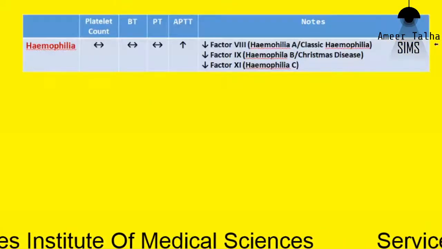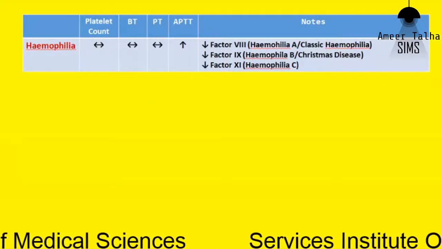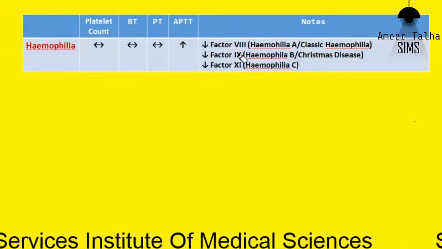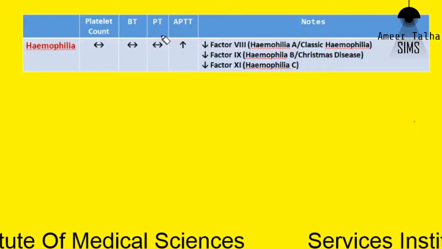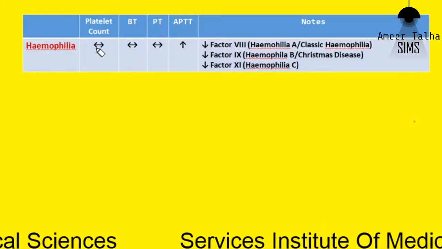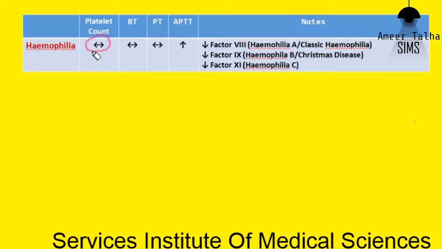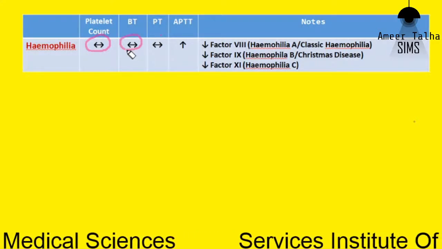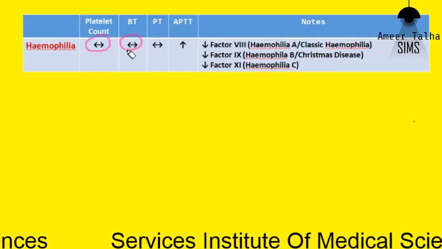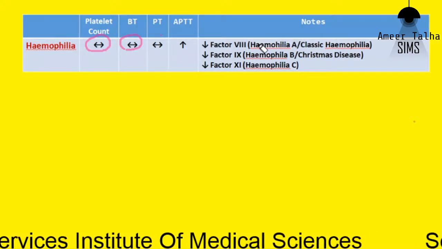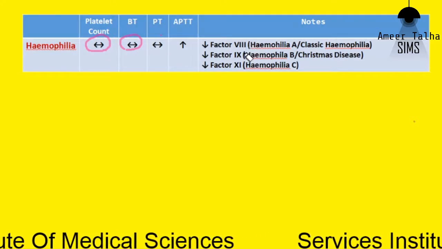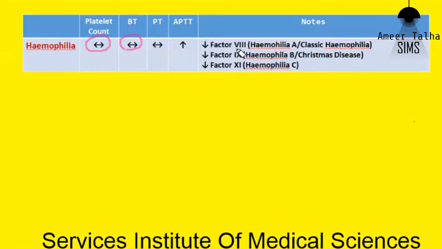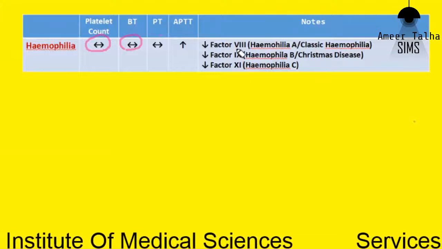So this is the summary. In hemophilia, whether A, B or C, the platelet count will be normal. That is the reason the bleeding time will be normal as well, no change in the bleeding time. Whether factor 8, 9 or 11 is missing, there is no role of these clotting factors in the extrinsic pathway.